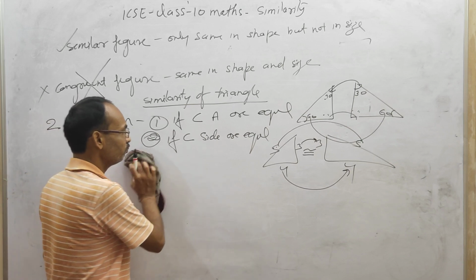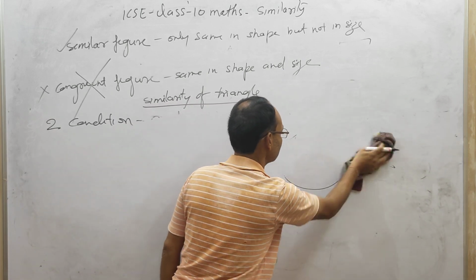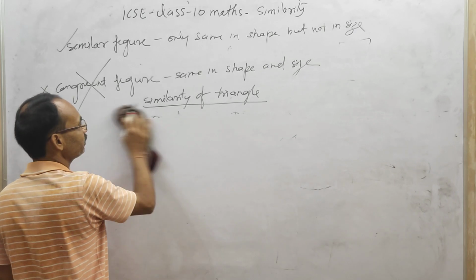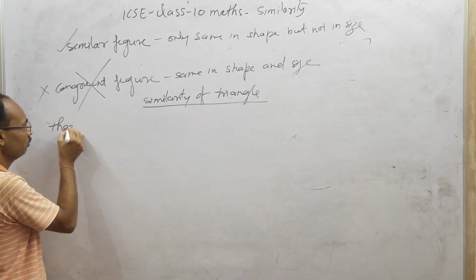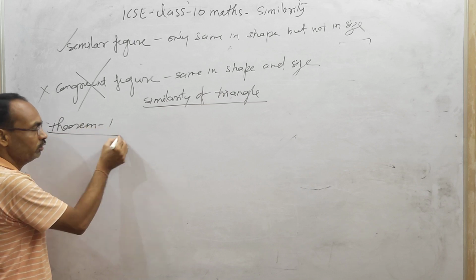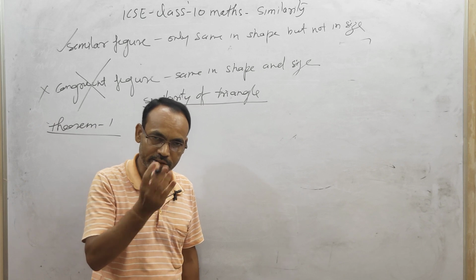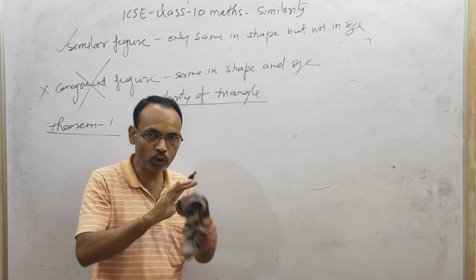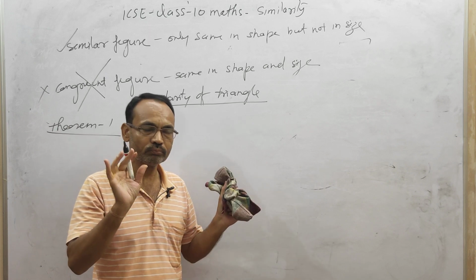What is the basic proportionality theorem? The basic proportionality theorem is an important theorem in the chapter similarity of triangles. Theorem 1. In your ICSE class 10th mathematics, according to the further reduced syllabus, no proof is required, so you should know only the theorem.